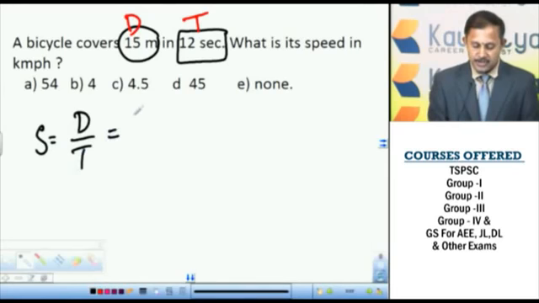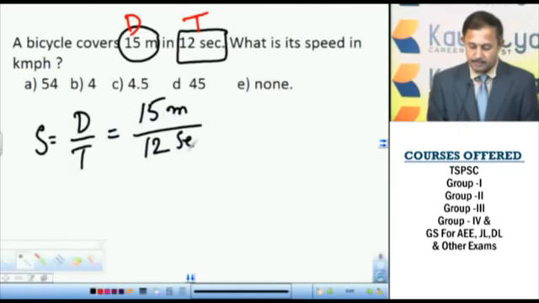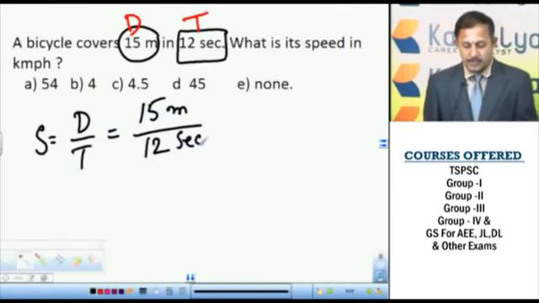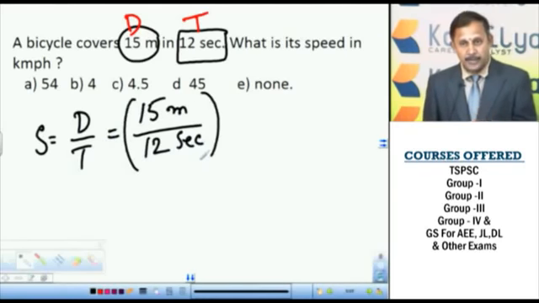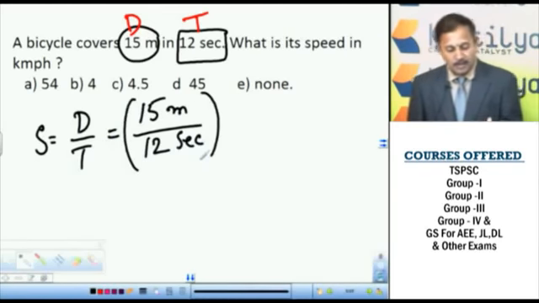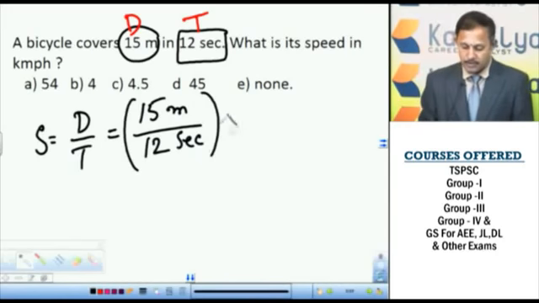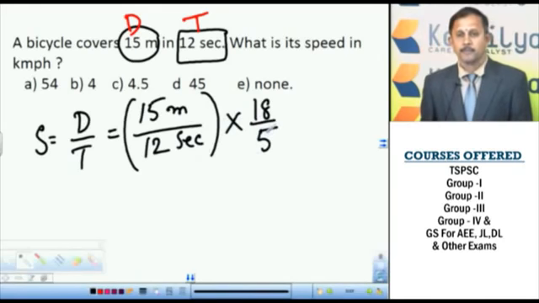Of course we can get the speed in meters per second, but you have to convert it into kilometer per hour. So thereby you have to make use of the fraction 18 by 5.